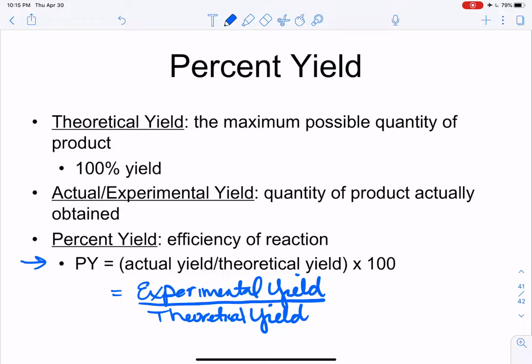And my cat has come to say hi, so if you hear her saying meow meow, that's her. And we multiply that by 100. So that is the percent yield.